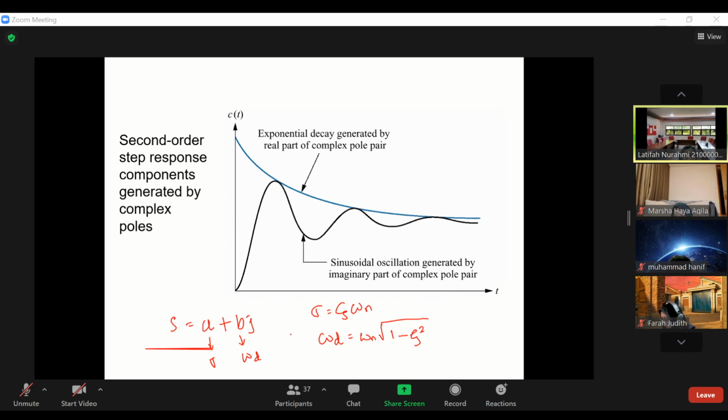Okay, now the combination of this complex pole, you can take a look how it affects the output in the time response. So the output in the time response, here, this sinusoidal oscillation is generated by the imaginary part.